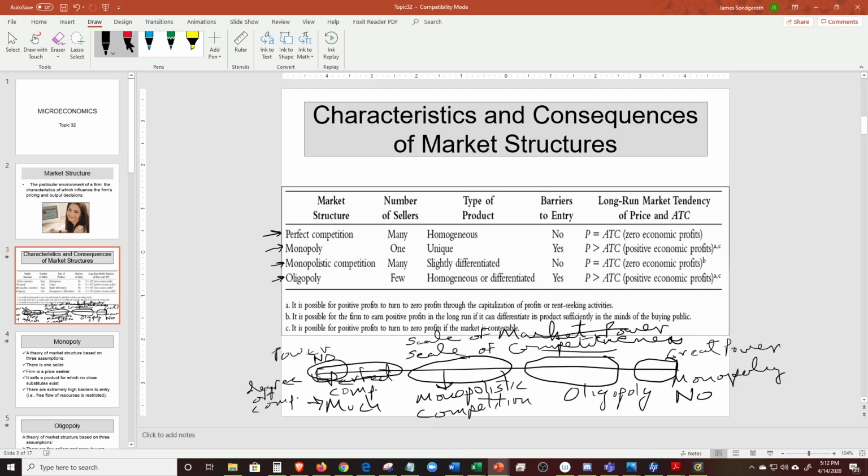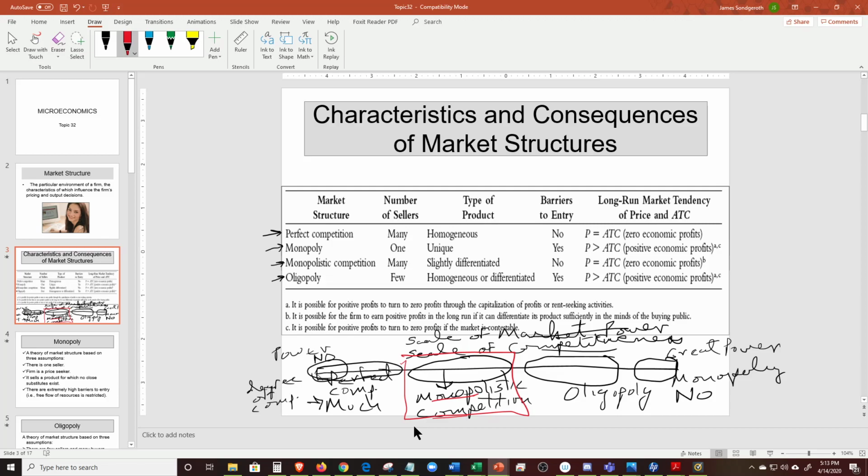And this one here, the monopolistic competition seems like an oxymoron because it's monopolistic and competitive at the same time. But in actuality, this is the market structure that most of us are familiar with, like fast food restaurants, retail stores, stores where you can buy things on the internet, including Amazon, even though it seems more like an oligopoly.